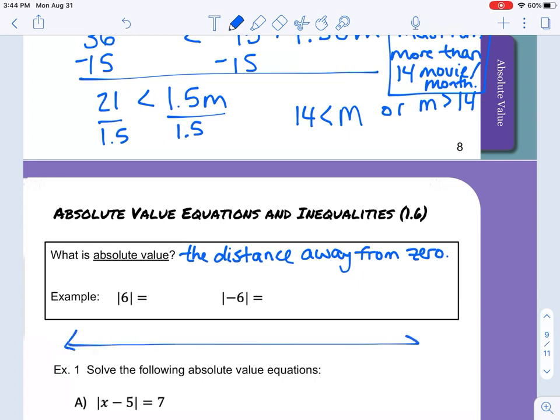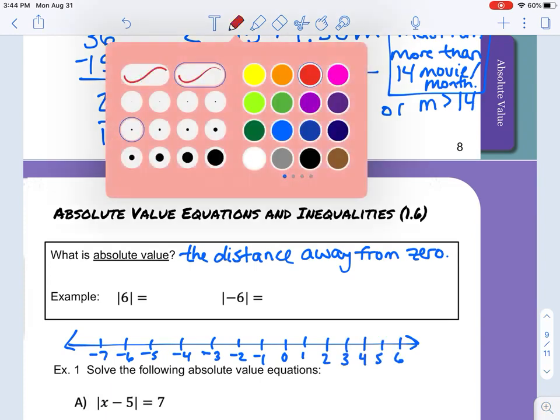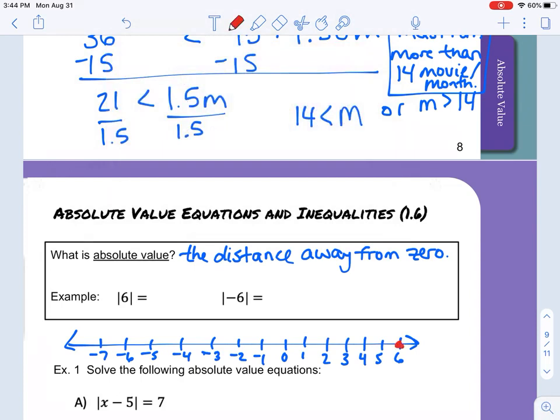So if we were to have a number line, and we had a positive 6 plotted on this number line, as well as a negative 6, we just want to know how far away each of these are from 0.